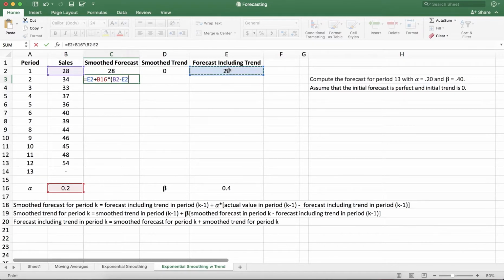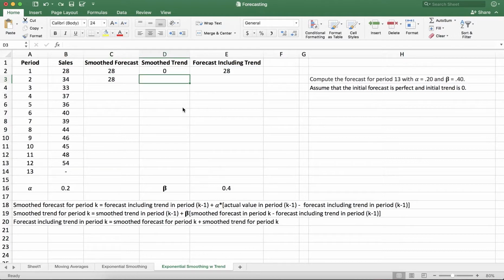The forecast including trend in the last period is also 28, so I pull those from the corresponding cells. I'm not typing these because in the upcoming periods, this will be very helpful. I'm not going to need to do this manually; I'm going to use Excel to calculate them automatically for me.